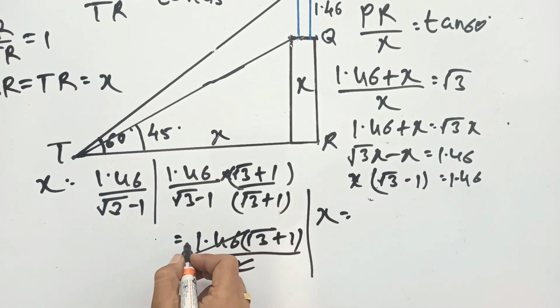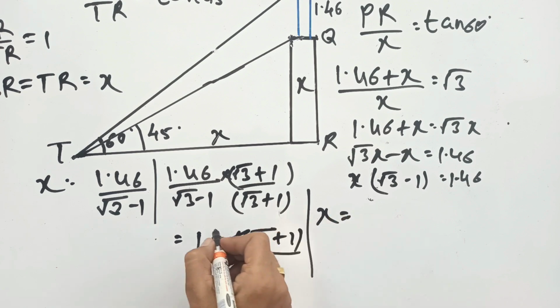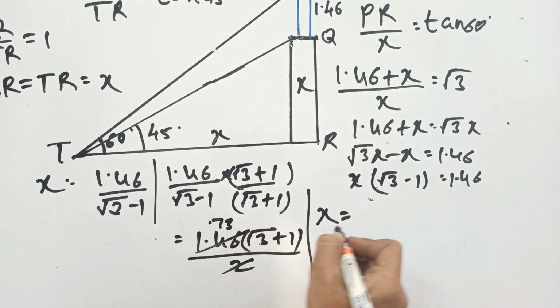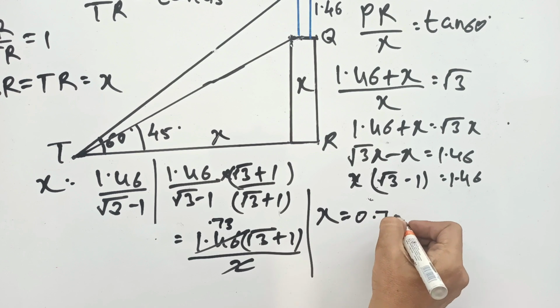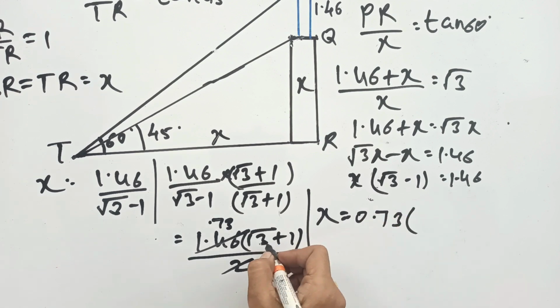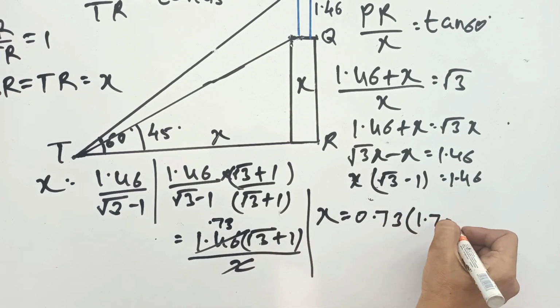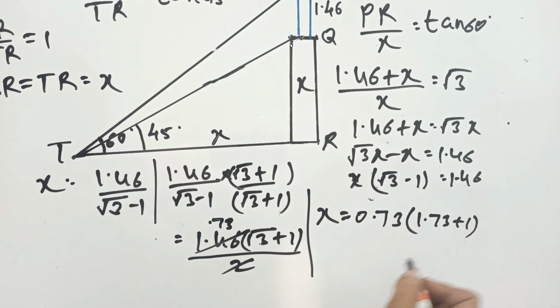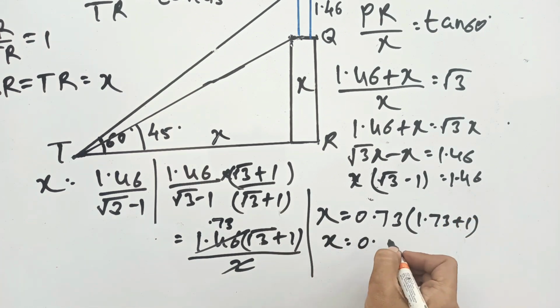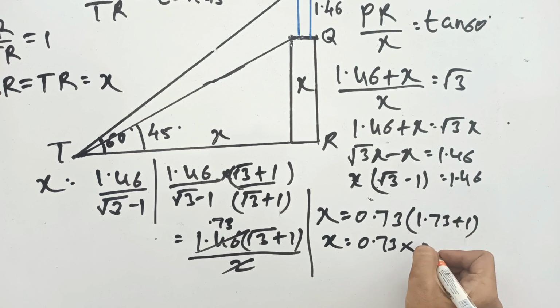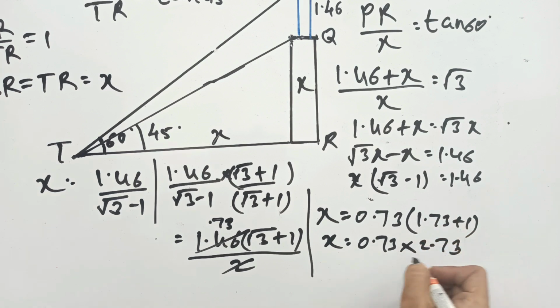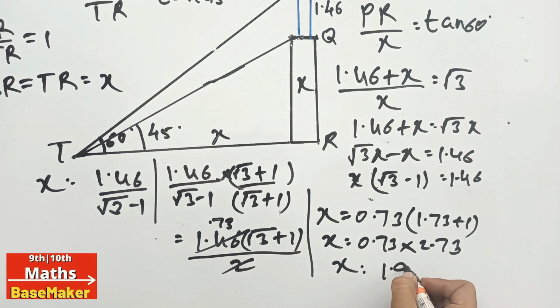We cancel, this will be 0.73, and in place of root 3 we can write 1.73 plus 1. If you multiply this, it is approximately 1.99 meter. So this is the height of the pedestal.